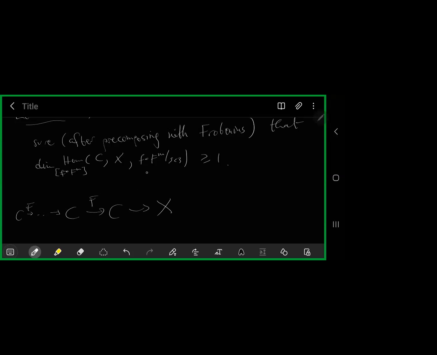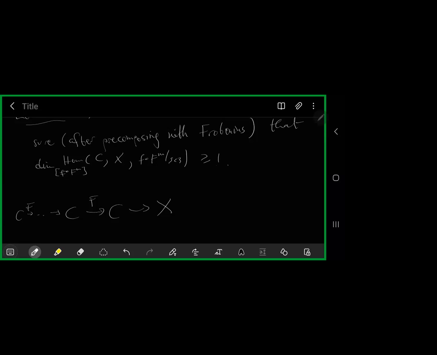Because there's a bound on the dimension of this space, and the bound involves just degree and genus. And if we can control the genus and can control the degree, so we can make sure that the degree is large enough while not changing the genus, we can actually say that the dimension of this space is at least 2 if we twist by Frobenius far enough, precompose by Frobenius far enough.